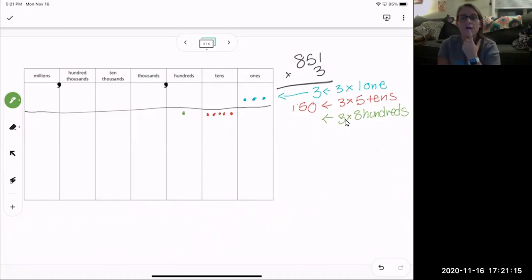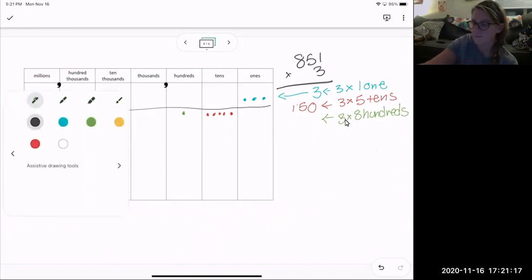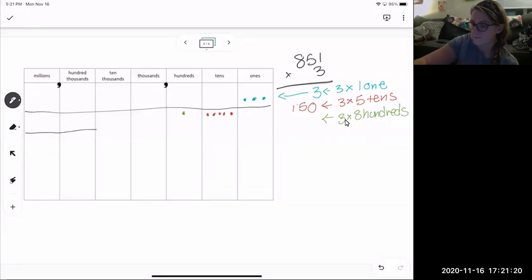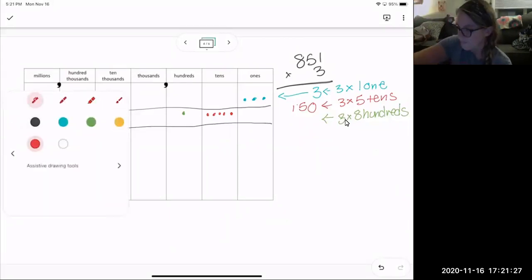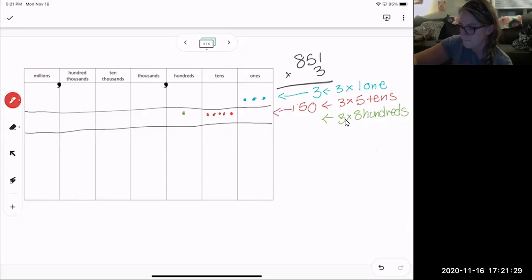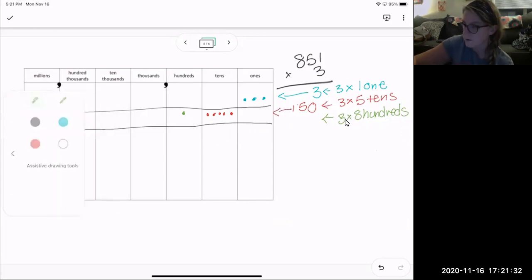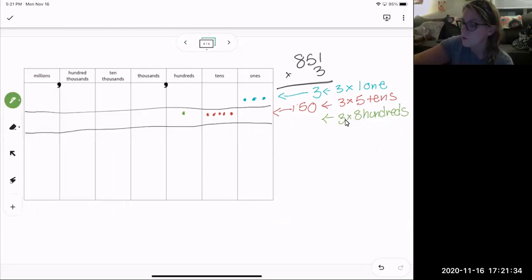How am I going to draw that in our place value chart? Well, I know 24 hundreds is 2,400. So in our place value chart, I would draw 2 in the thousands place and 4 in the hundreds place.